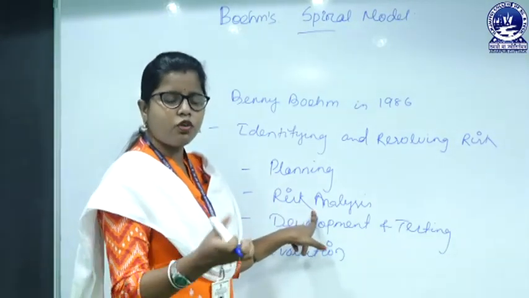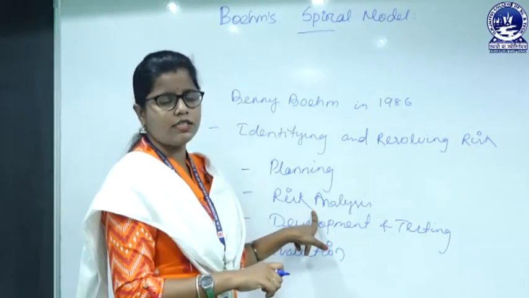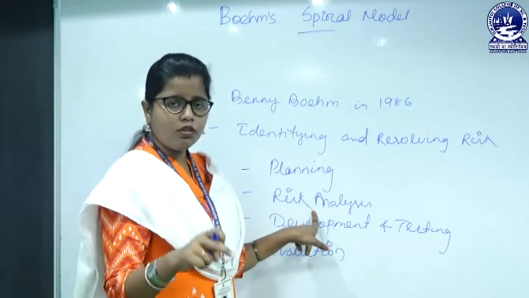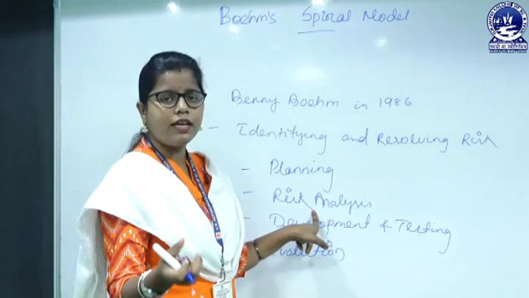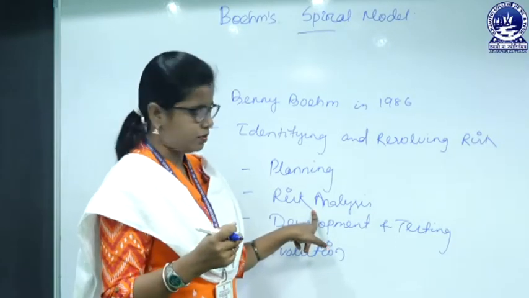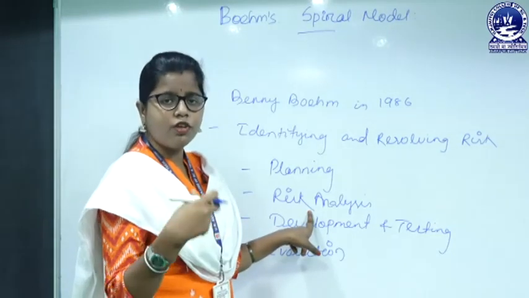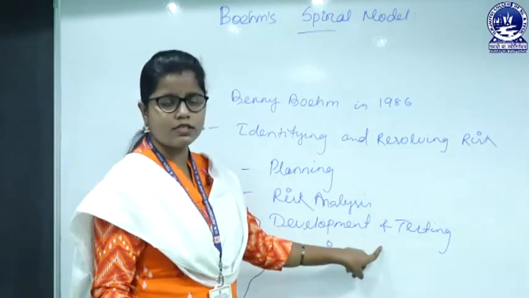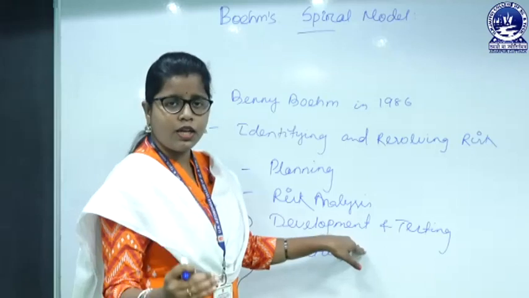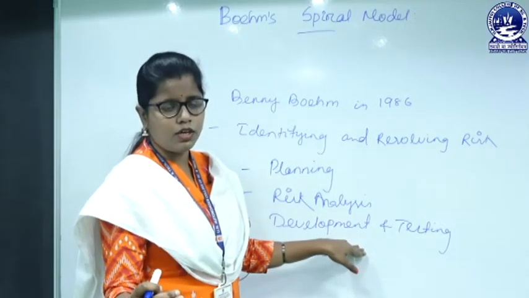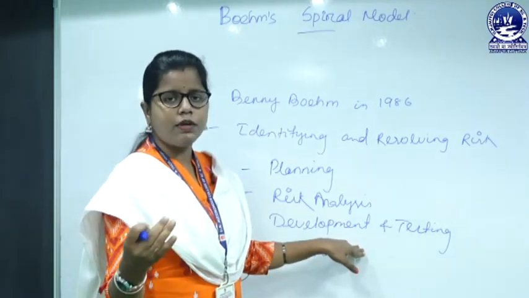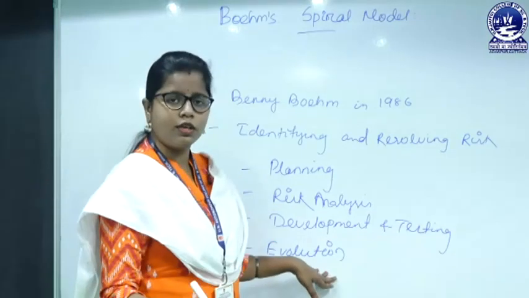There we will put all the solutions through the risk analysis phase. Then among the solutions we will find the best solution for that problem. Then, having the best solution, we will go for development and testing. There we will actually develop and test our software. Then after development and testing we will go for evaluation.